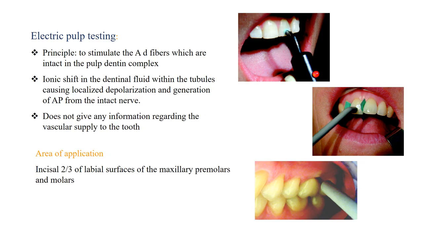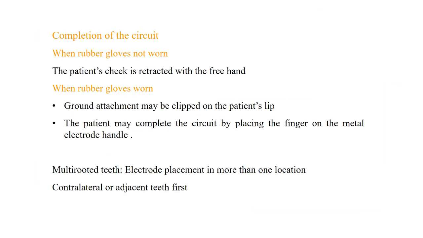Now, it is very important for us to complete the circuit to elicit an electric pulp test. In this case, you can see in the second photograph there is a lip clip. So this will finish the circuit. But in case of older pulpal testers, there is no lip clip provided. Therefore, the circuit is completed when we retract the cheek of the patient with our fingers.